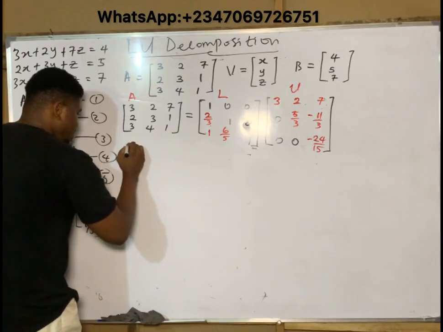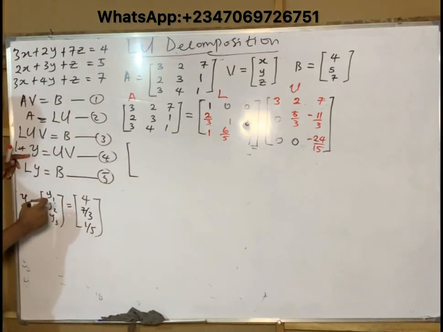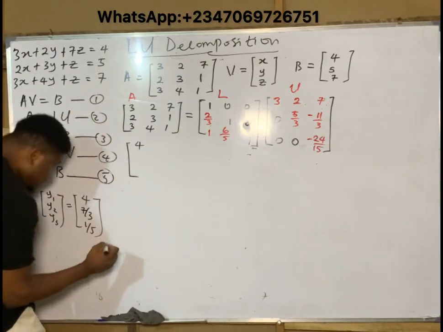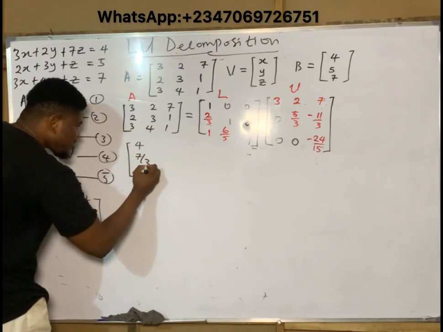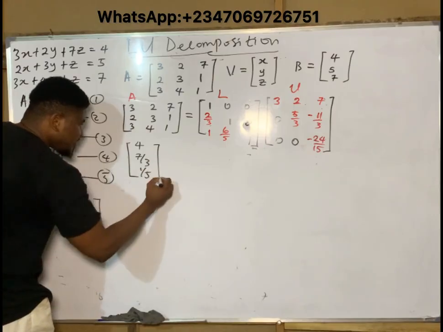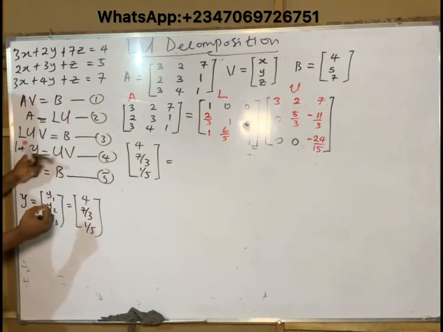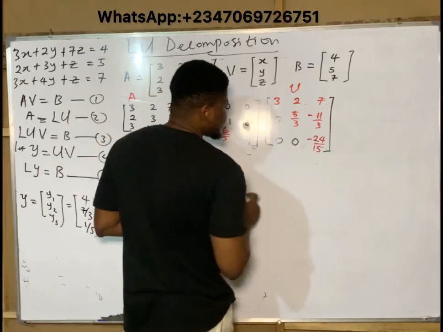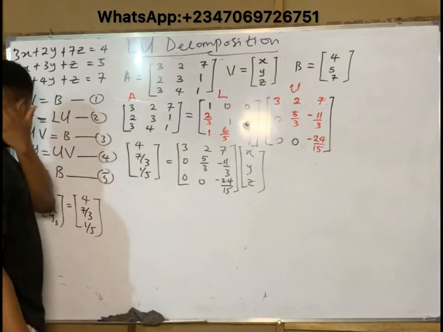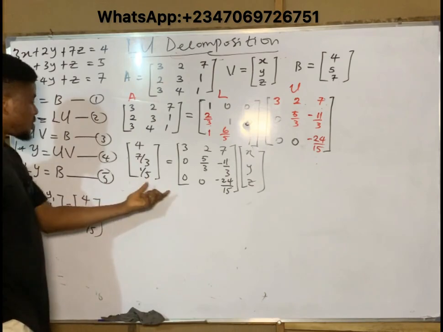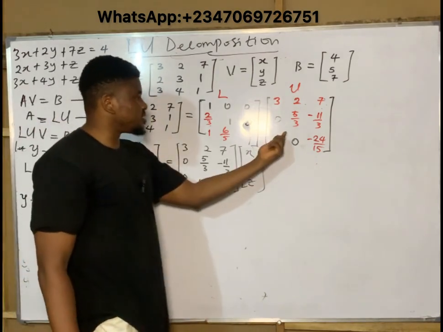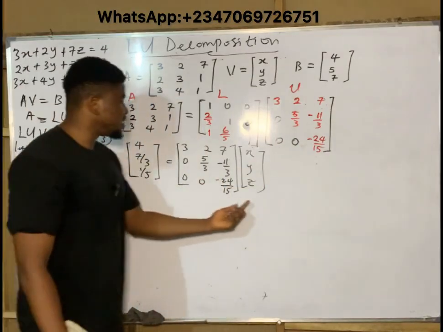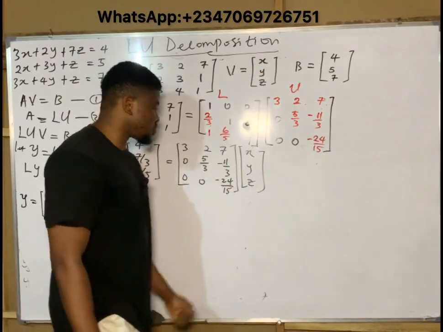Remember, we are now at equation 4: matrix Y, which is 4, 7 over 3 and 1 over 5, is equal to the upper matrix times the variable matrix. We already know our upper matrix. We'll put it down here, multiplied by V, the variable matrix, which is X, Y, Z, what we are looking for.